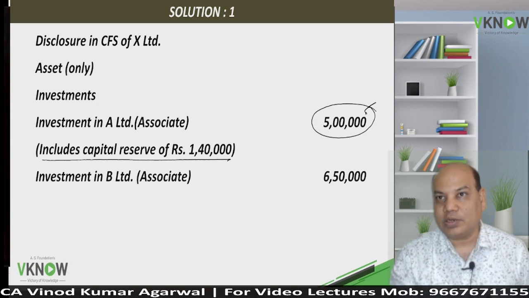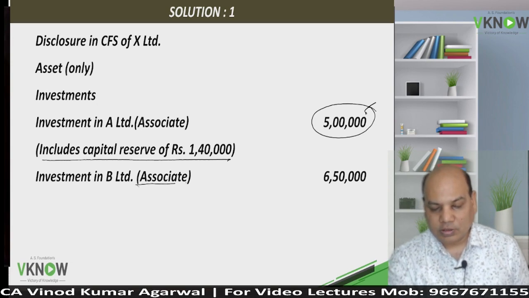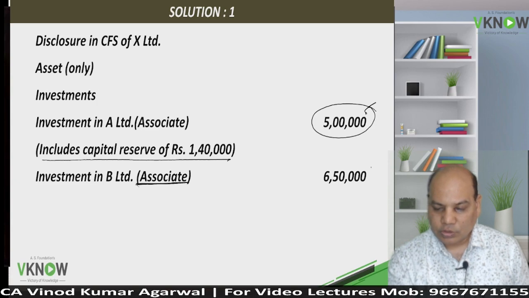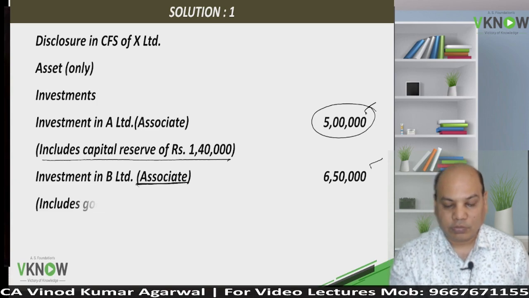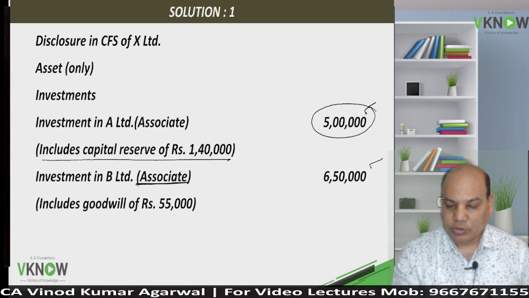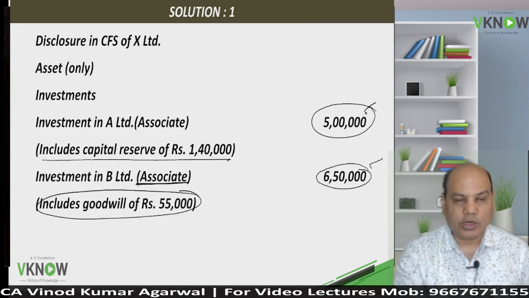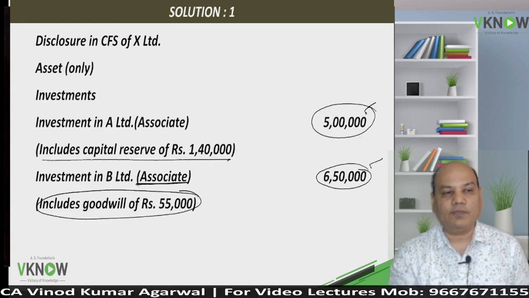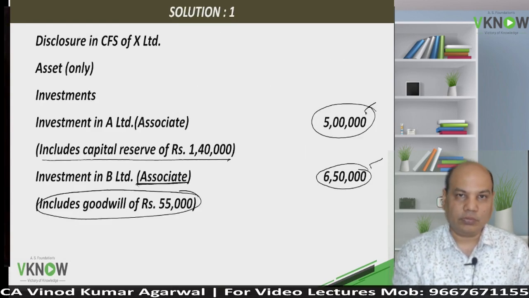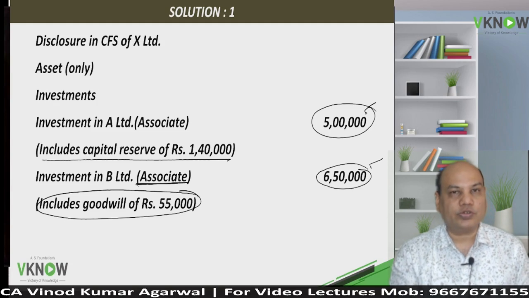And then investment in B Limited. Who is B? Again in brackets, associate. Cost 6,50,000. And disclosure: this 6,50,000 includes goodwill of rupees 55,000. Is it right?